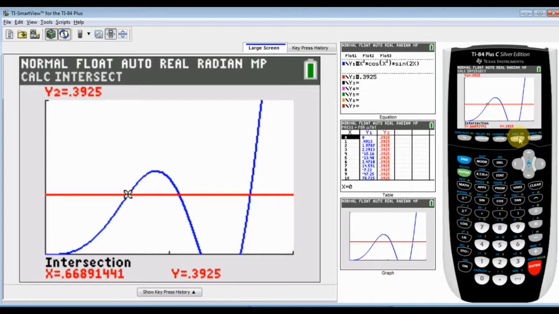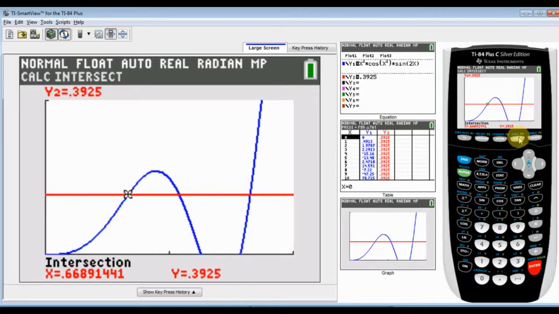When it asks for a guess, you need to make sure you put the cursor close to the intersection you need. I did put it, but I put it on the other intersection. It does ask for the first intersection, so we put the point on that intersection.